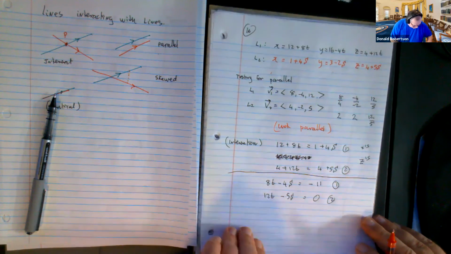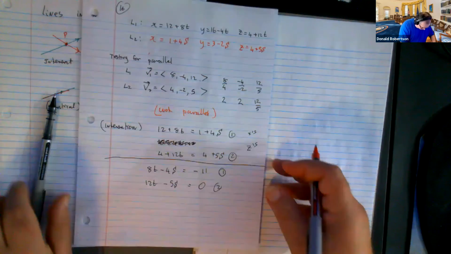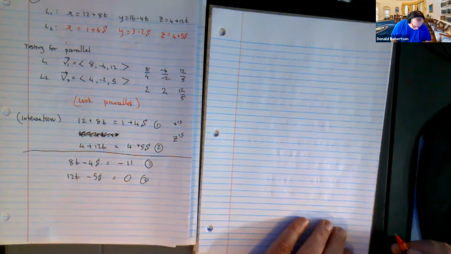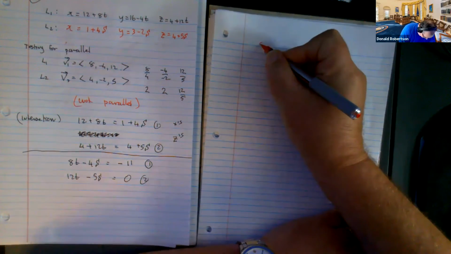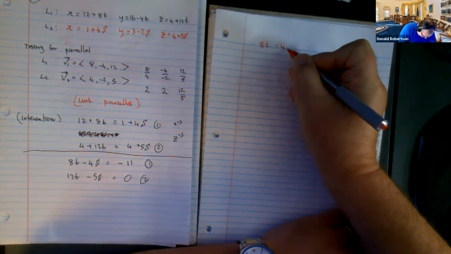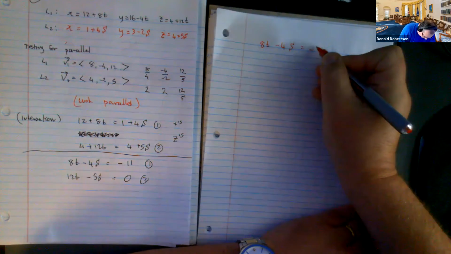So let's do the elimination method. Which equation do you want me to use as my starting, 1 or 2? It really doesn't matter to me, but just so we could do the process. 1. Okay, so I'm going to take equation 1, and I'm going to find what t is equal to.